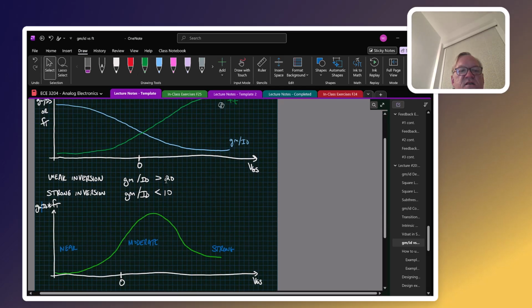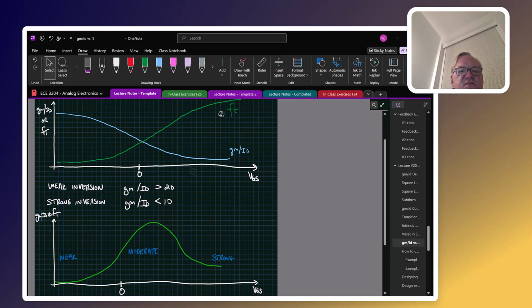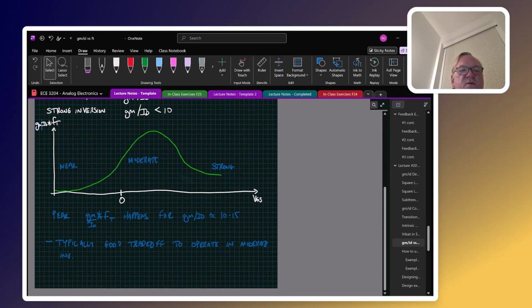You can also find the product of GM over ID times FT. So if we multiply these two curves, what we would see is a curve that looks like the green curve here. And we'd have regions of weak inversion, moderate inversion, and strong inversion.